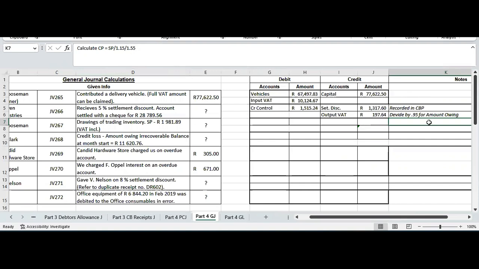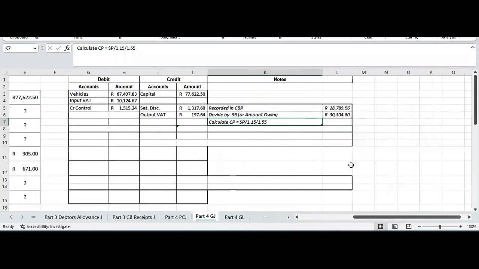When we do that, we will get an amount of 1,111.86.